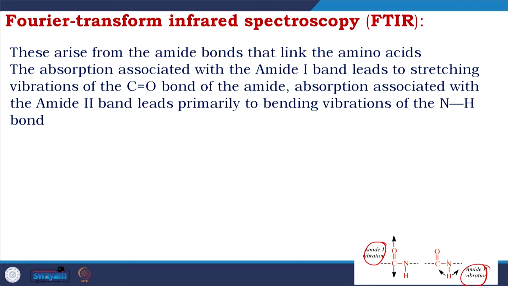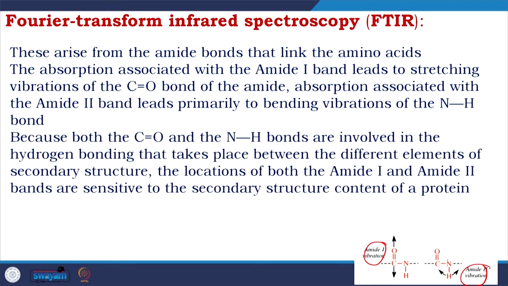Absorption associated with the amide 2 band leads primarily to bending vibration of the NH bond. So, because both the carbonyl and the NH bonds are involved in the hydrogen bonding that takes place between the different elements of secondary structure, the location of both the amide 1 and amide 2 bands are sensitive to the secondary structure content of the protein.